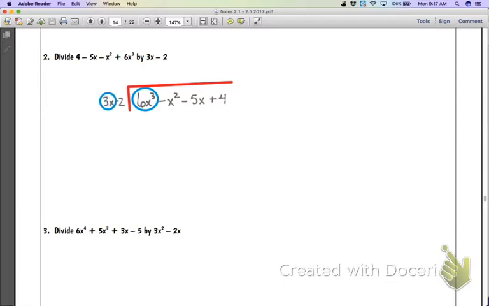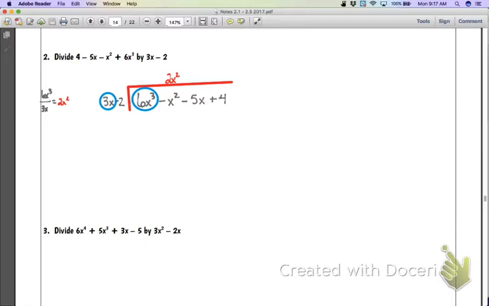I'm going to take 6x to the third and divide by 3x. Whenever I do, what am I left with? 2x squared.